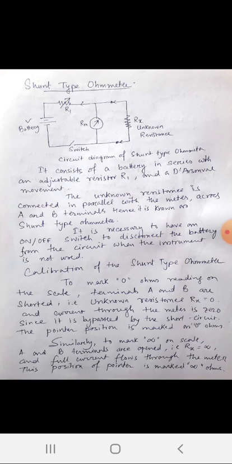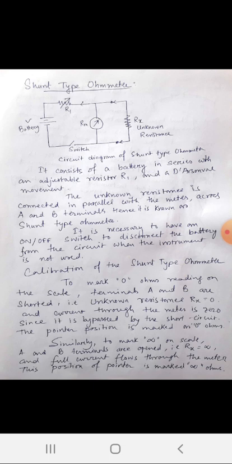You can see the circuit diagram of the shunt type ohm meter. There is a battery, and a resistance R1, which is a variable resistance. There is a meter, the ohm meter, with Rm, the internal resistance of the meter. The unknown resistance is connected in parallel, in shunt, with the meter.